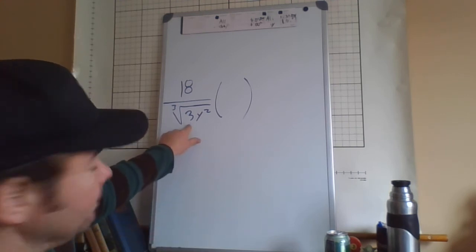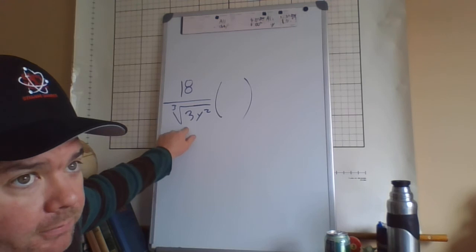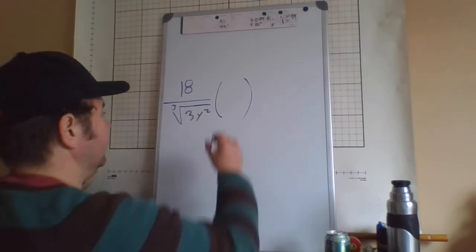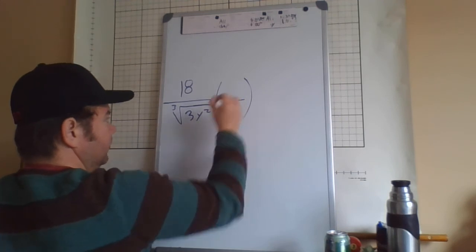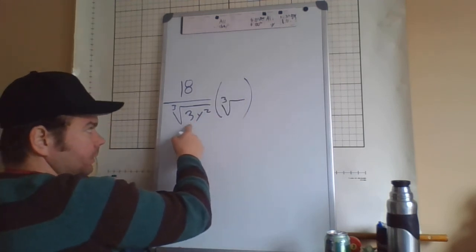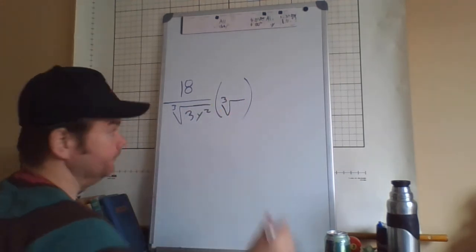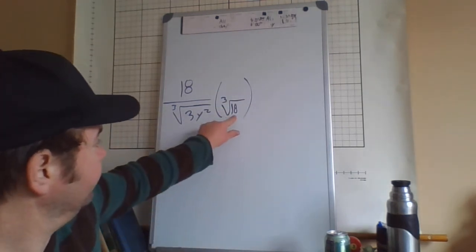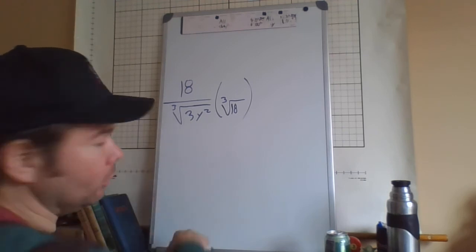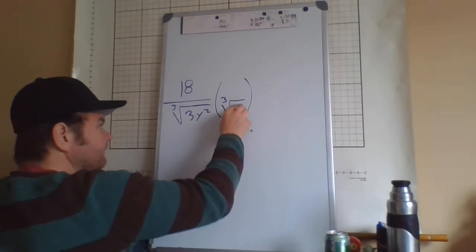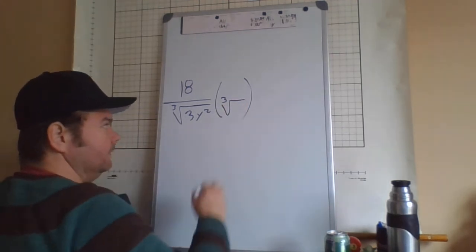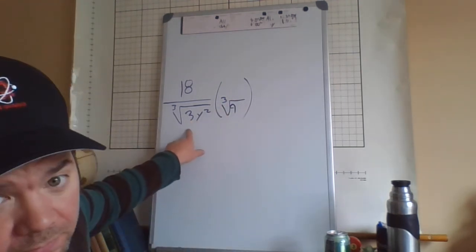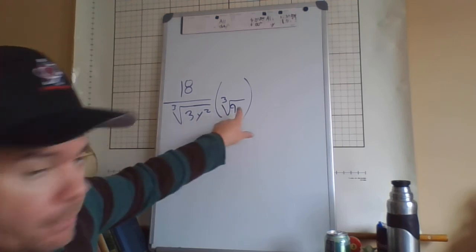What do I multiply by 3 to get a number that is a perfect cube? 3 times 3 times 3 is 27. So I'm going to multiply this 18 by this 3. No, wait, no. Multiply by 9, because 9 times 3 is 27. And that's going to give me a perfect cube.